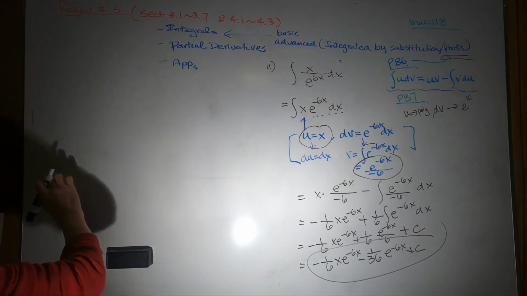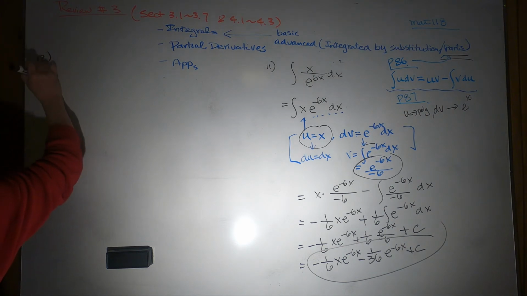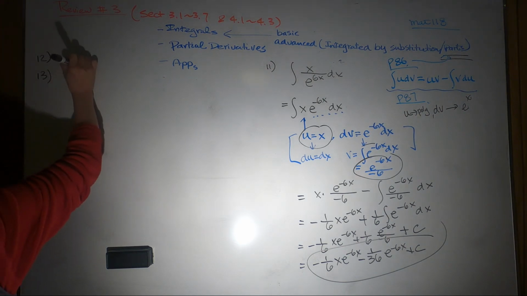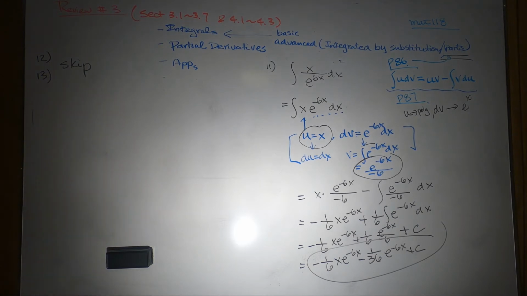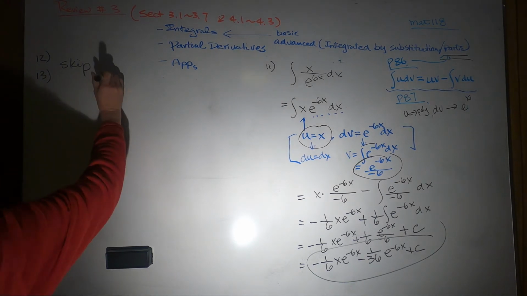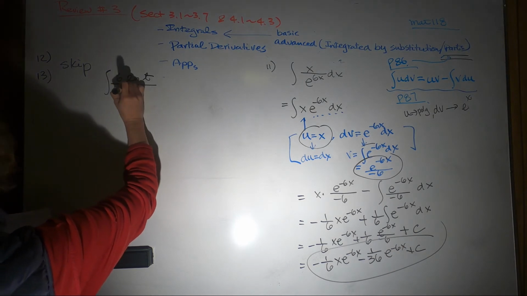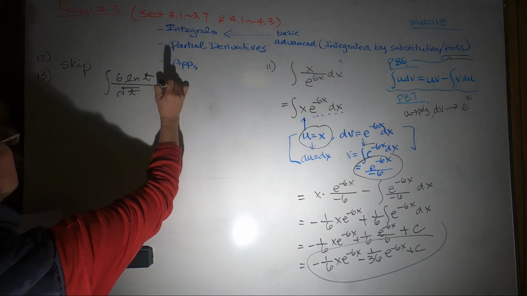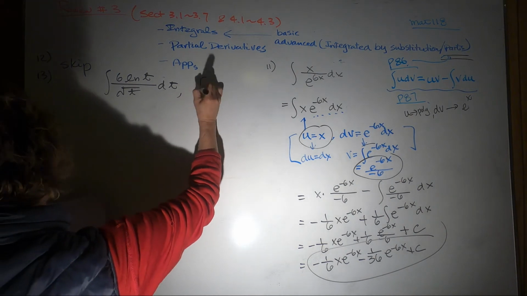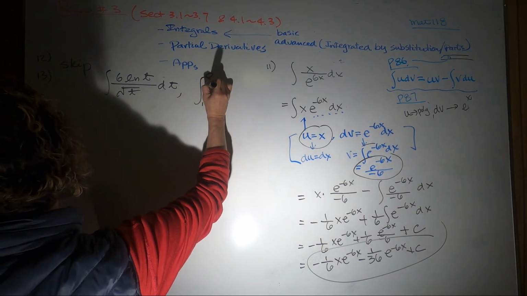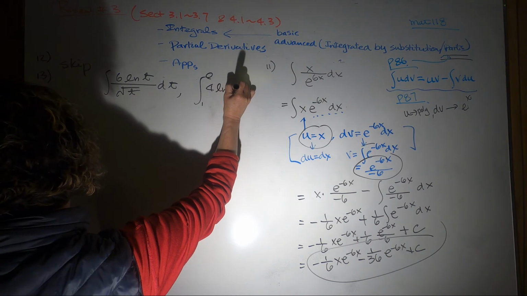So on your next page 5, number 12 and number 13, we are going to skip them. Those are integration by parts, quite complicated for you. But if you wanted to do them, the answers are in your answer key, so you can look at it. One is definitely an integral like this with log.